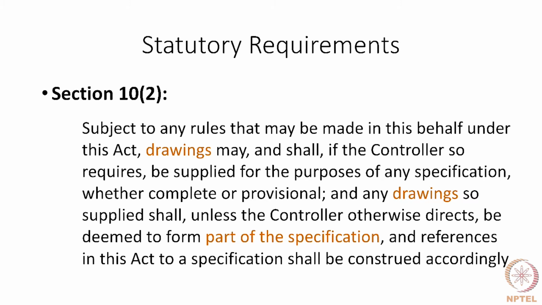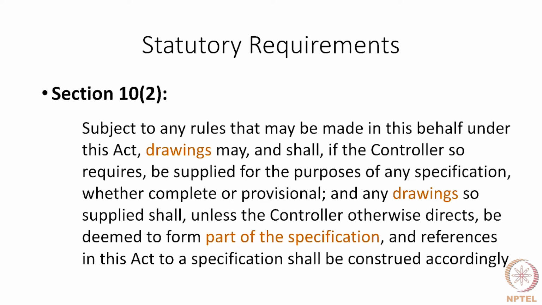And any drawings so supplied shall, unless the controller otherwise directs, be deemed to form part of the specification, and reference in this Act to a specification shall be construed accordingly. So we understand drawings are regarded as a part of the specification. If you give drawings along with your specification, it will be treated as a part of the specification.